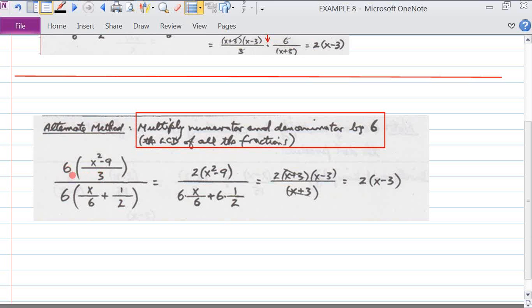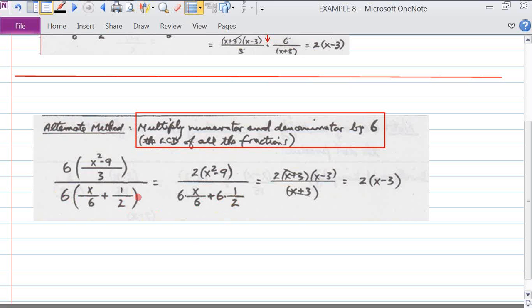So 6 divided by 3 gives me 2. Still have the x squared plus 9. 6 times x over 6 gives me this term, and 6 times plus a half, I've got this term here.